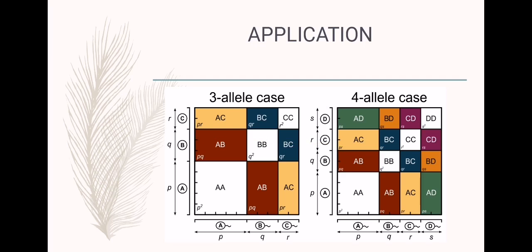Okay? And here are some applications for 3-allele cases. For example, for human beings, probably the blood types A, B, and O. However, a certain person would only account to A, B, or just O. But there are some cases where there are 3-allele cases.